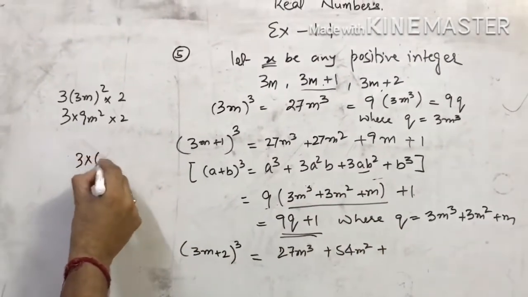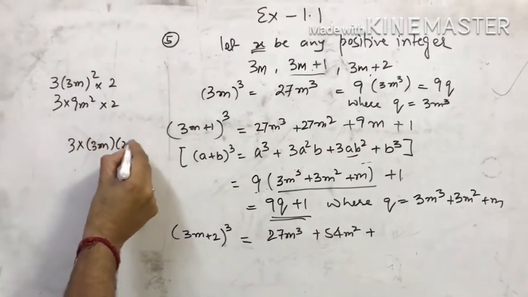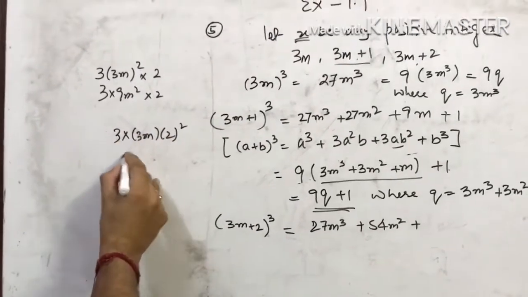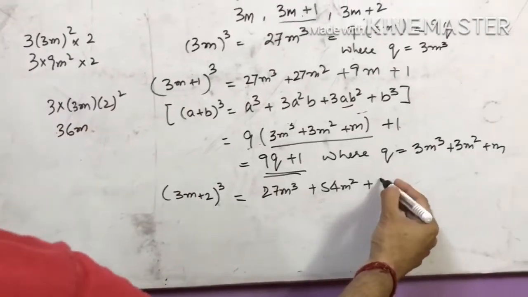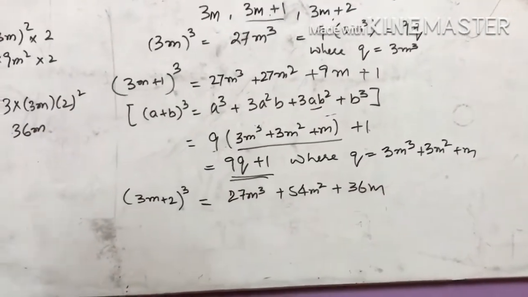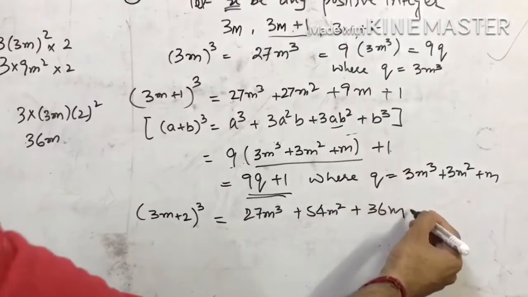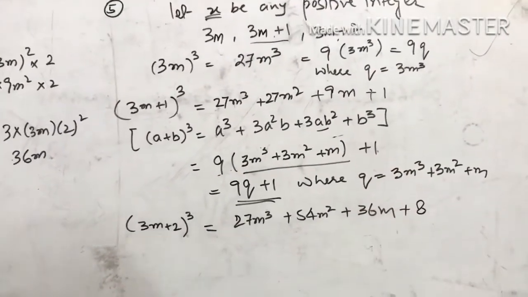So 3ab square means this square, 36m. And the final is b cube. So 2 cube is 8.